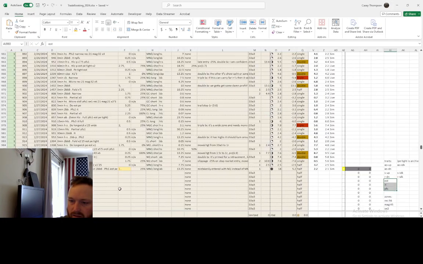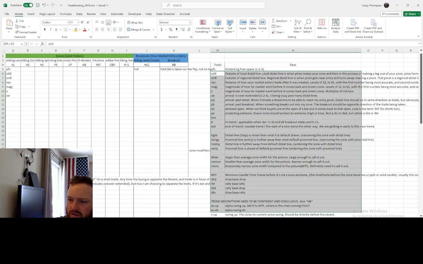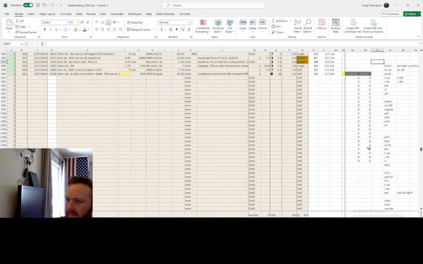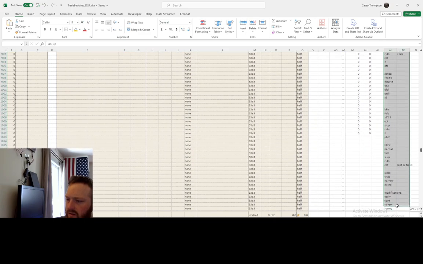And my dictionary's right here. These are all the traits that I can say, and they're also right here in the ledger. These are all the traits that I can say, and modifications to the zone. So early, tight, stingy, roomy.